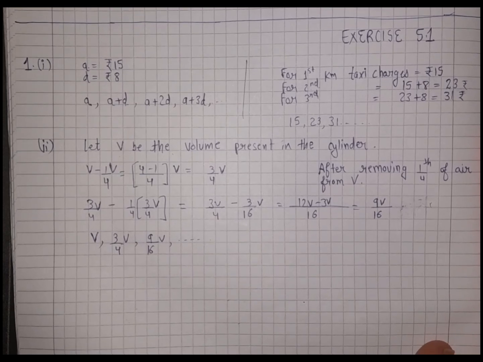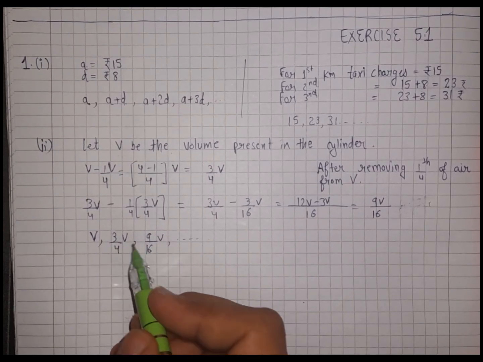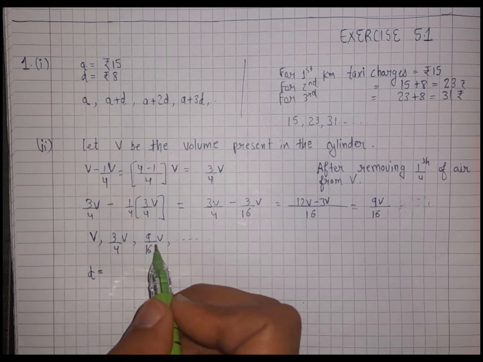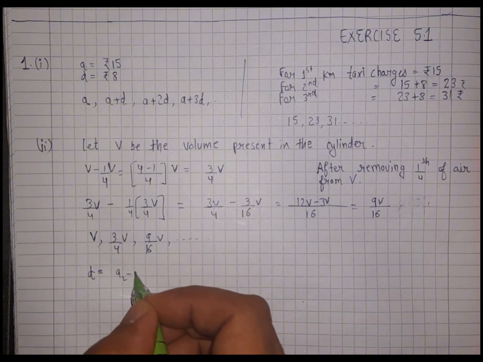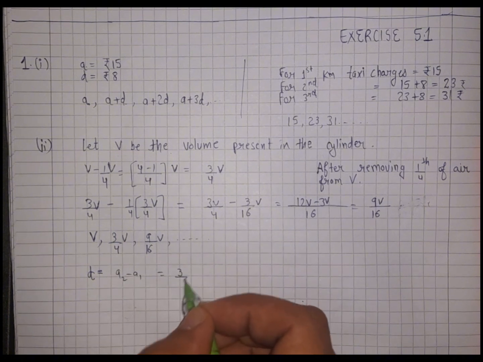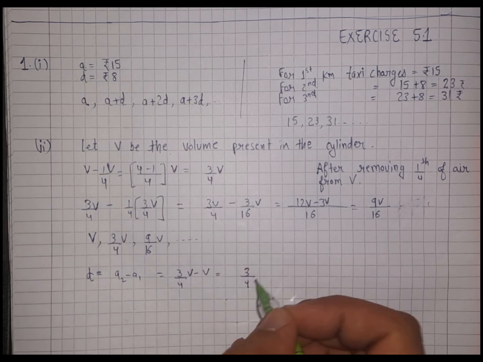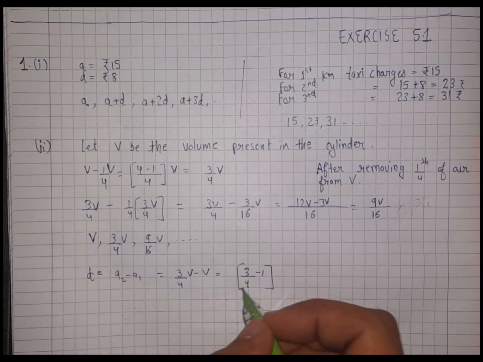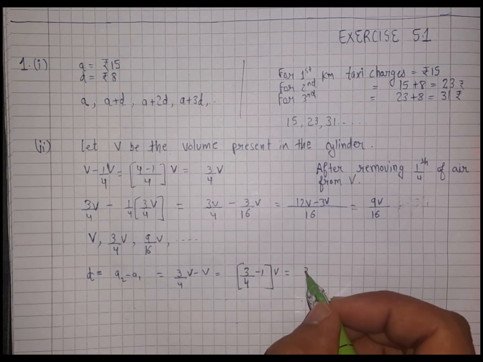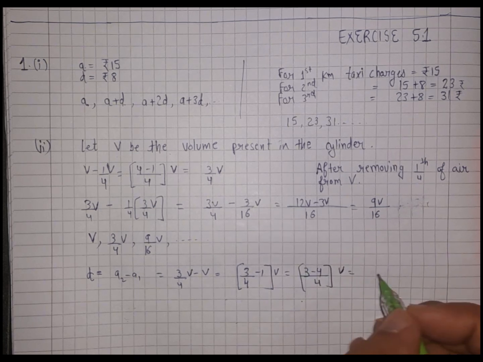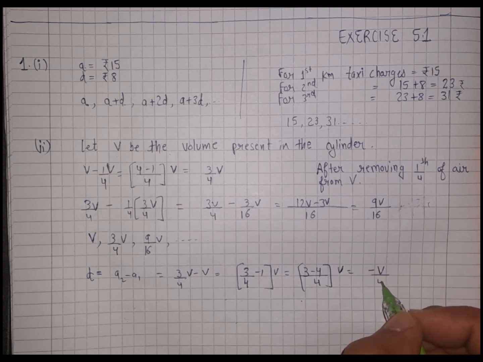Now to check whether this forms an AP or not, find the common difference. If the difference is the same, it's an AP, otherwise not. Now a2 minus a1 is 3/4 V minus V. That is (3/4 minus 1) times V, equals (3 minus 4)/4 times V, equals minus V/4.